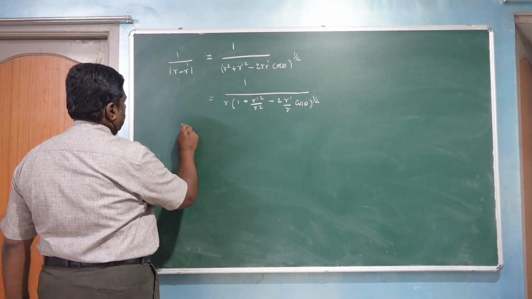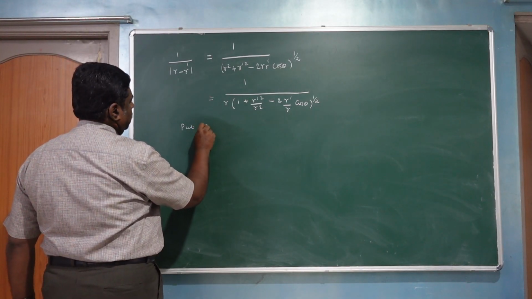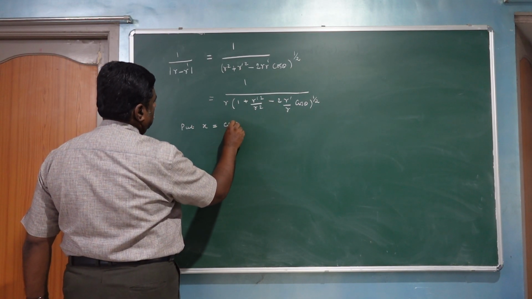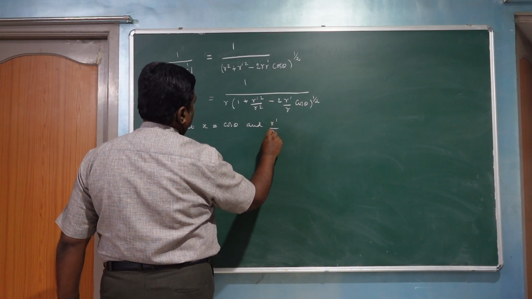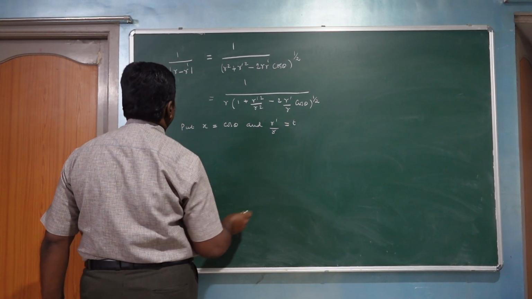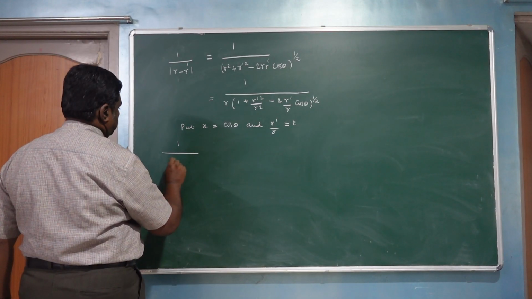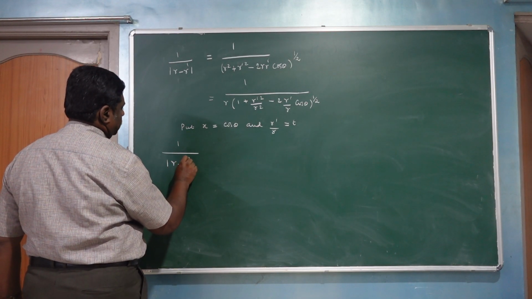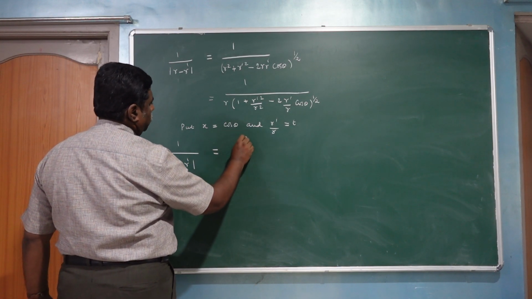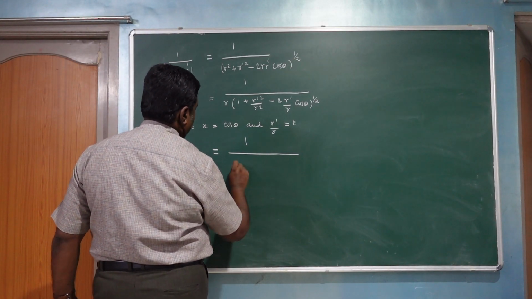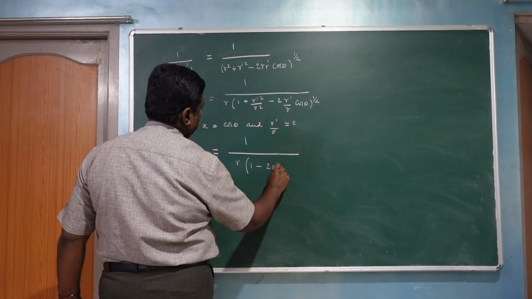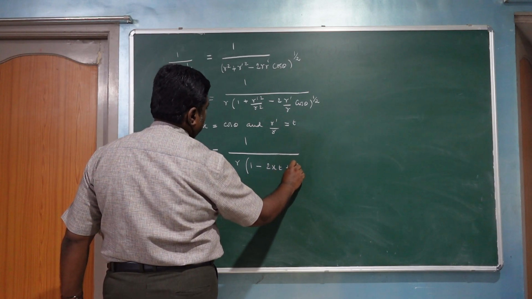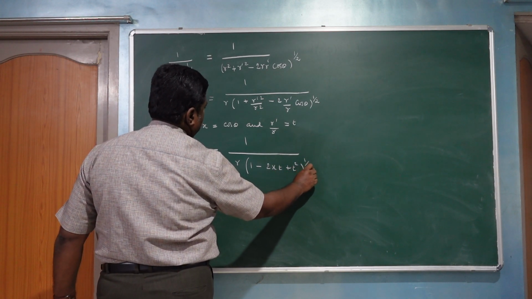Here, put x equal to cos theta and r dash by r is equal to t. Now the above equation becomes 1 divided by r minus r dash equal to 1 divided by r into 1 minus 2xt plus t square power half.